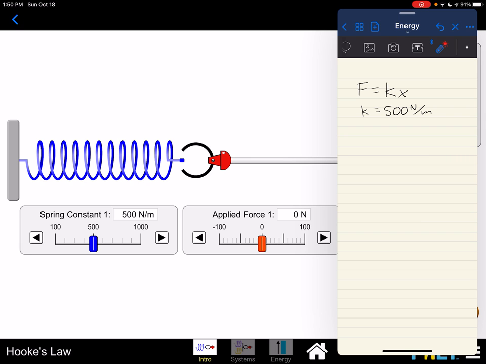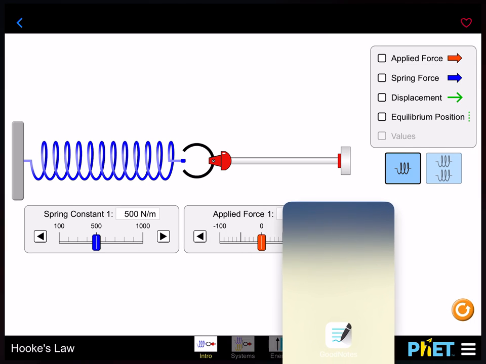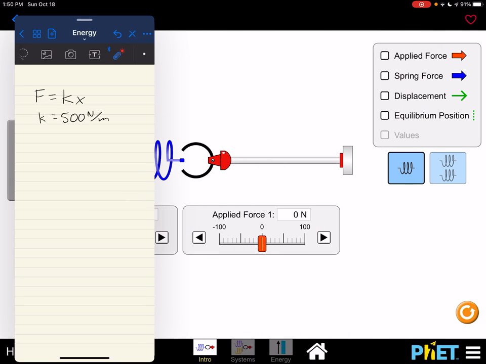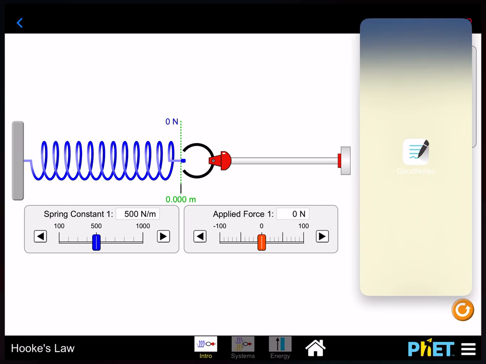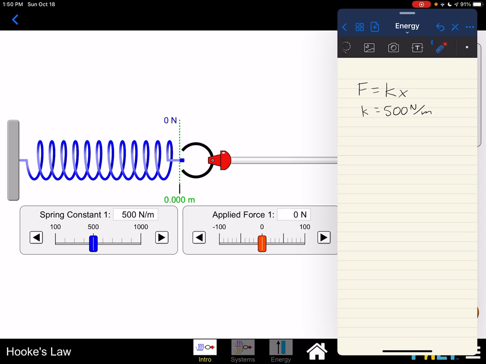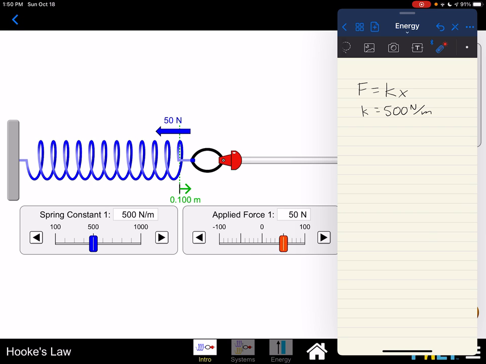And now let's go ahead and apply a force to it. Let's make it so it shows us the spring force and the displacement. And how about show us everything. So if we apply a force of, let's say, 50 newtons, it's showing us right there that the spring is pulling backwards with 50 newtons of force if we displace it 0.1 meters.